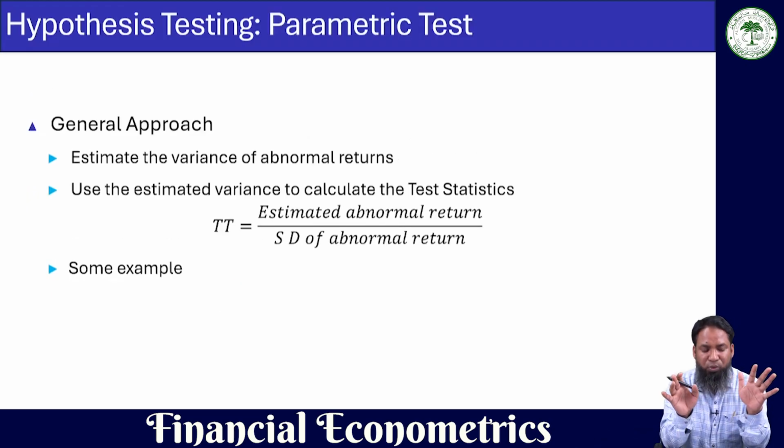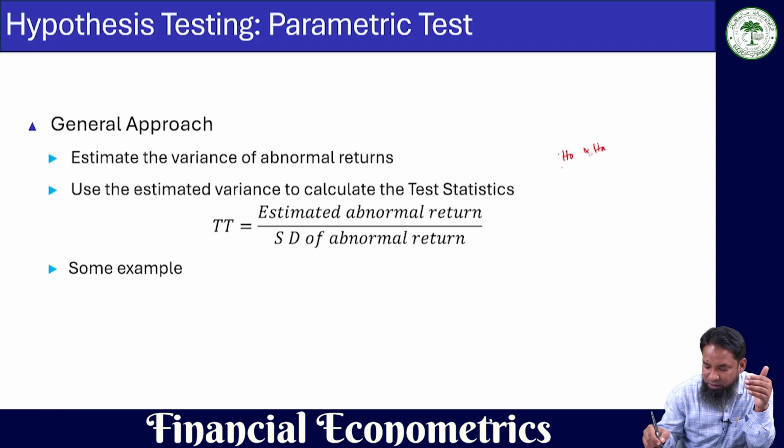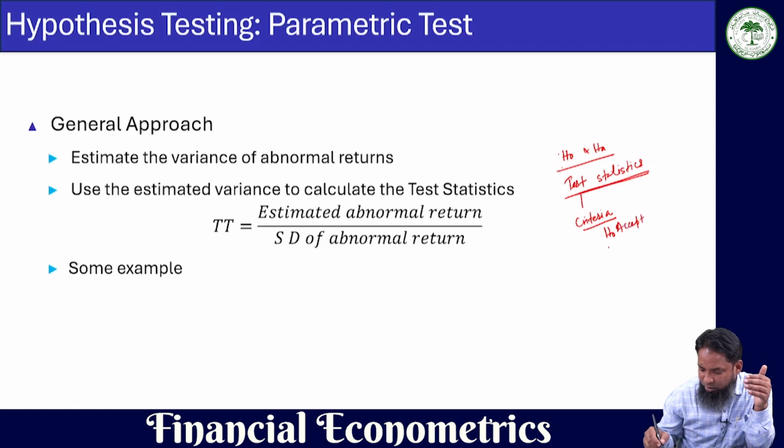So, the general approach to create the test statistics is that, let me go back here. When we have to make the decision about the null hypothesis and the alternate hypothesis, we need a certain kind of test statistic, and using it as the criteria, we decide whether we should accept the null or whether we should reject the null.